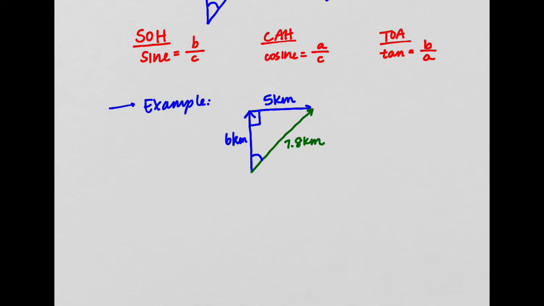All right, so now I want to know the angle. In order to do that, I'm just going to use one of these: SOH, CAH, or TOA. Any one that you use is going to work. So let's just do sine. The sine of this angle, this theta here, is going to be the opposite, which is 5 kilometers, divided by the hypotenuse, which is 7.8 kilometers.